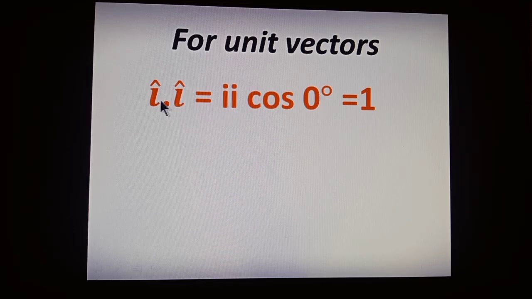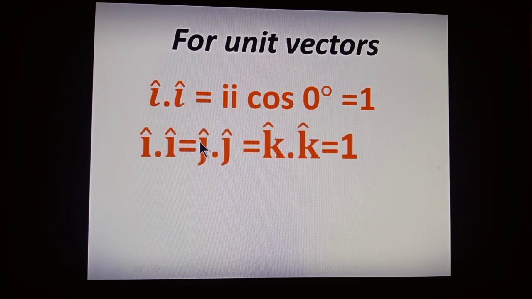Since angle between i and i is 0, so we will have 1 into 1 into 1, that is equal to 1. So dot product of a unit vector with itself gives 1. So i dot i or j dot j or k dot k, all of them will give 1.